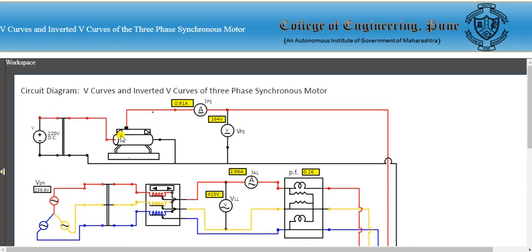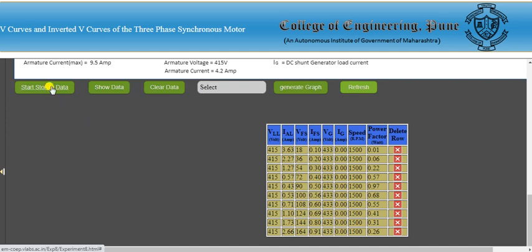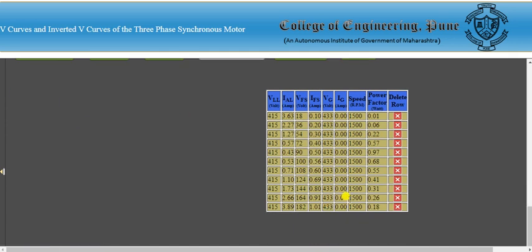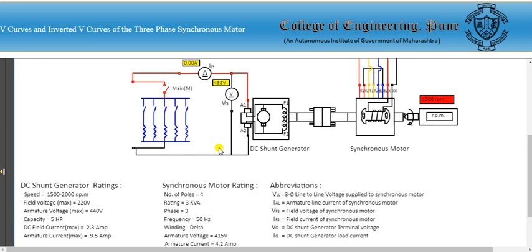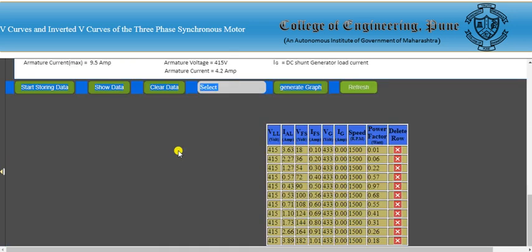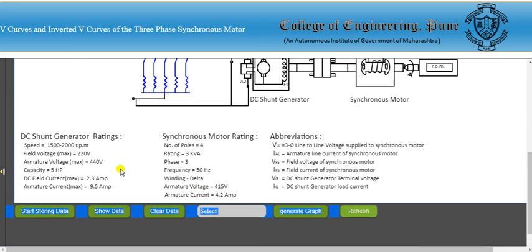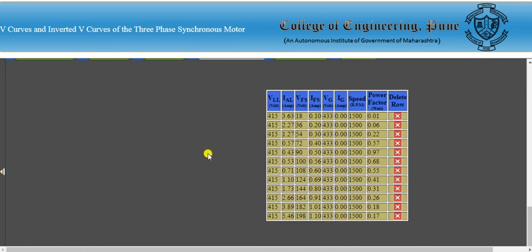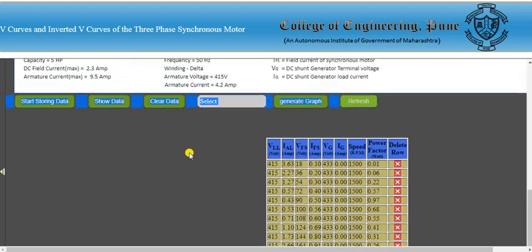Now again 1.01 ampere, store data, show data, it becomes 0.18. Then again 1.1 ampere. You can increase the field current, show data, power factor becomes 0.17.